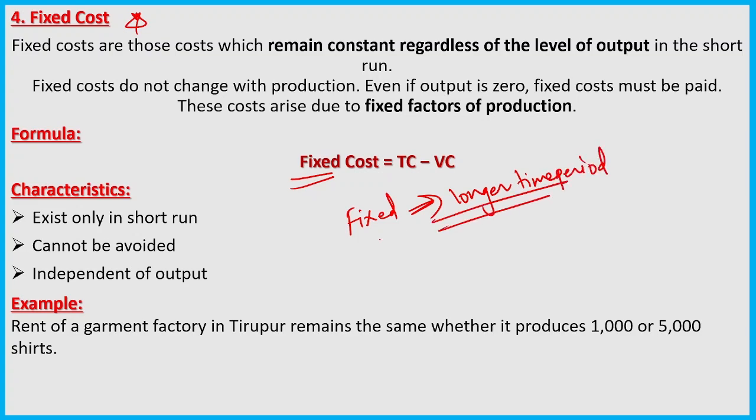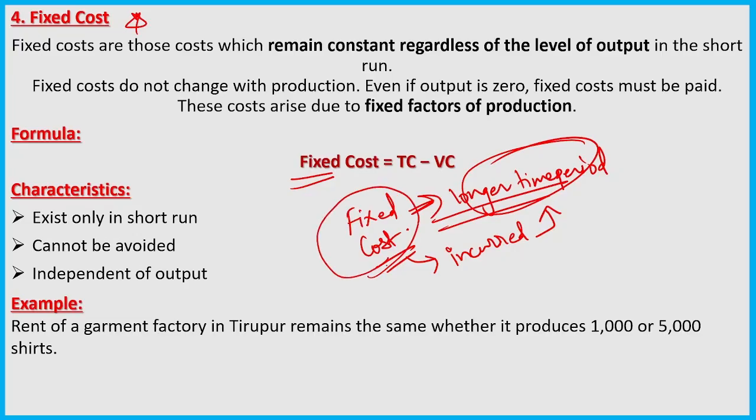Such expenses or costs that, once you have incurred, are going to give you fruitful results for a longer time period. So every single time or every single day, you don't have to incur such cost. But once you have done it, it is going to benefit you for a longer time period.